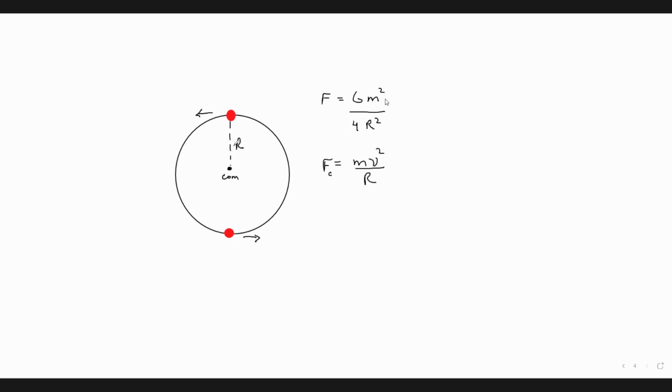So in order for this mass to be in uniform circular motion around this point at the center, the force towards the center must be m v squared over r. But we know what that is. That's G m squared over 4r squared. Okay, so now we solve for the velocity v, and we get v is equal to the square root of G m over 4r. All right, is that clear?